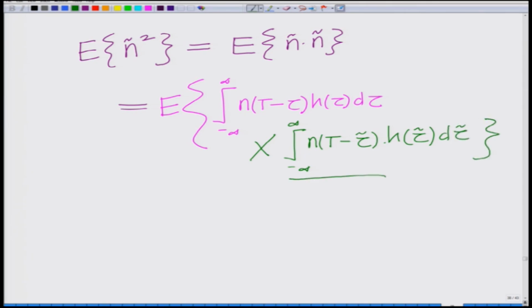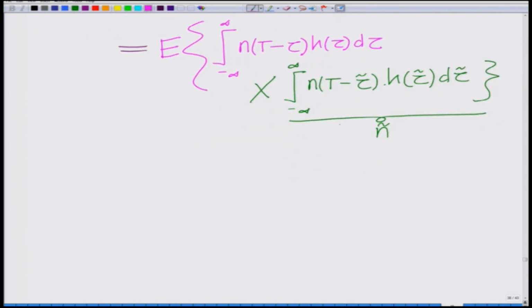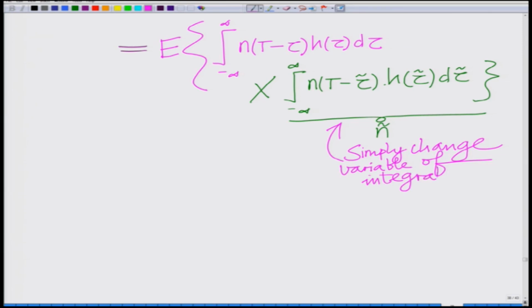You will realize that this is also n tilde, which I have obtained by simply a change of integration variable. That does not change the quantity. I can call it tau or tau tilde, it will yield the same integral.